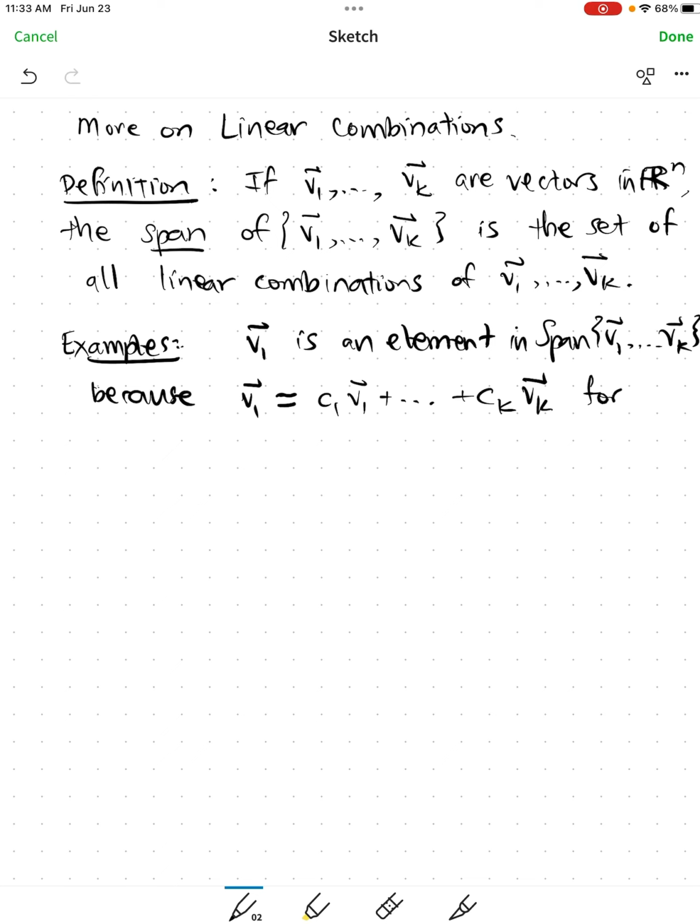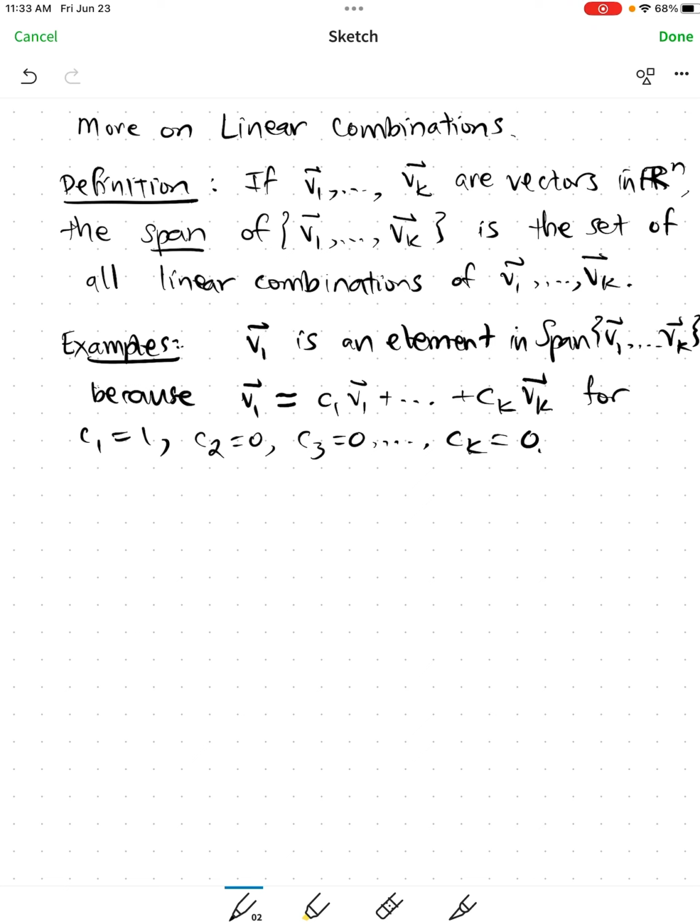And which scalars will work? You can take c1 to be 1, and then c2 to be 0, c3 to be 0, all the way to ck equals 0.